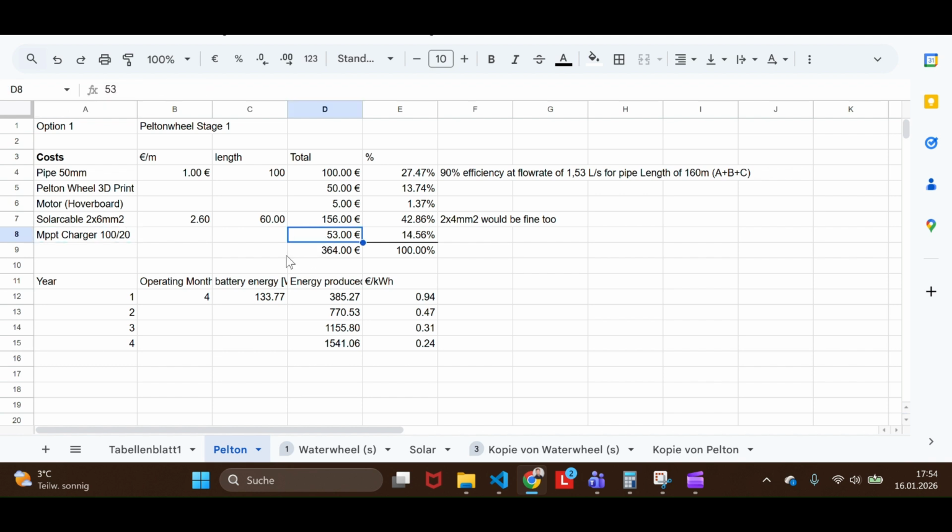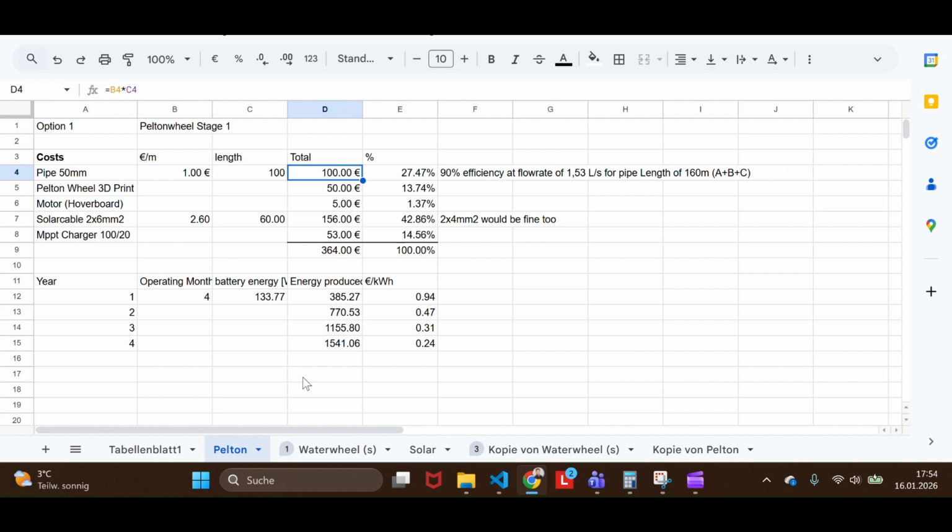I bought that second hand for 53 euros, which brings us to a total cost of 364 euros. All of this I've already spent on it, so I just need to find the right pipe and buy it and install it, and then we can see if it will work out.